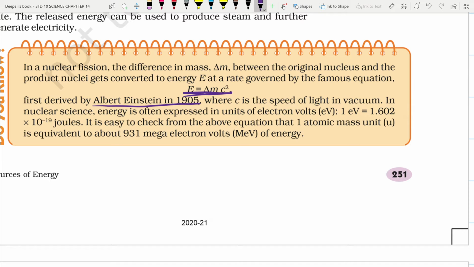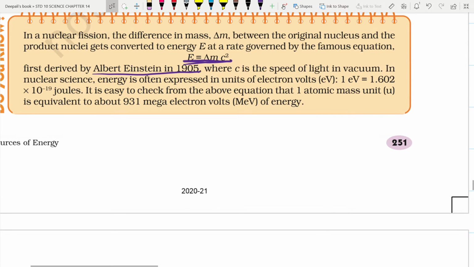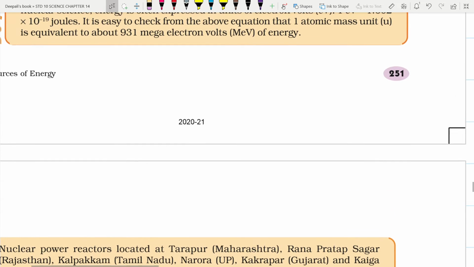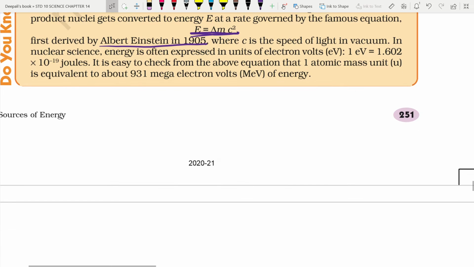It is easy to check from the above equation that one atomic mass unit, u, is equivalent to about 931 mega electron volt, MeV, of energy. We don't need to study this in much detail, but it is just a calculation which tells us how tremendous an amount of energy can be produced by just breaking one atom.